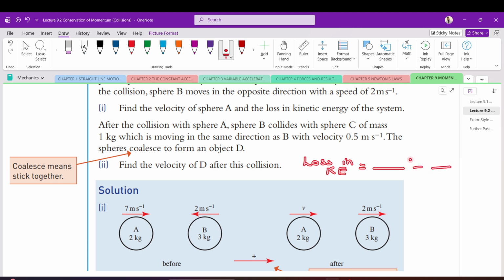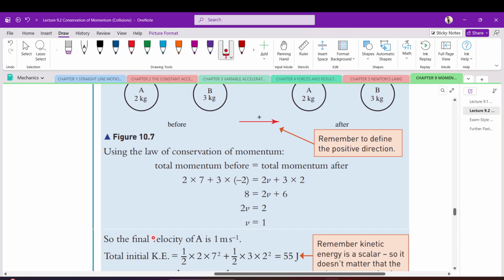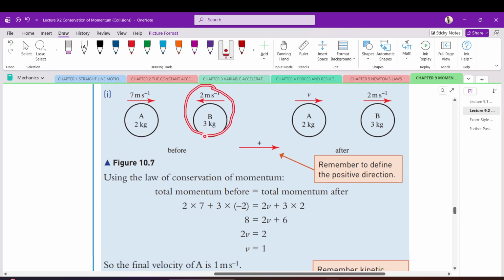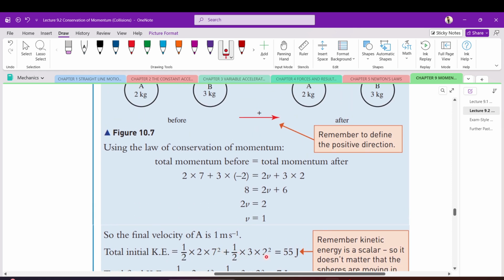So for example, if we work out the total initial kinetic energy, it will be the initial kinetic energy of A plus the initial kinetic energy of B. That will be half m times 7 squared plus half into 3 times 2 squared, which is 55 joules.